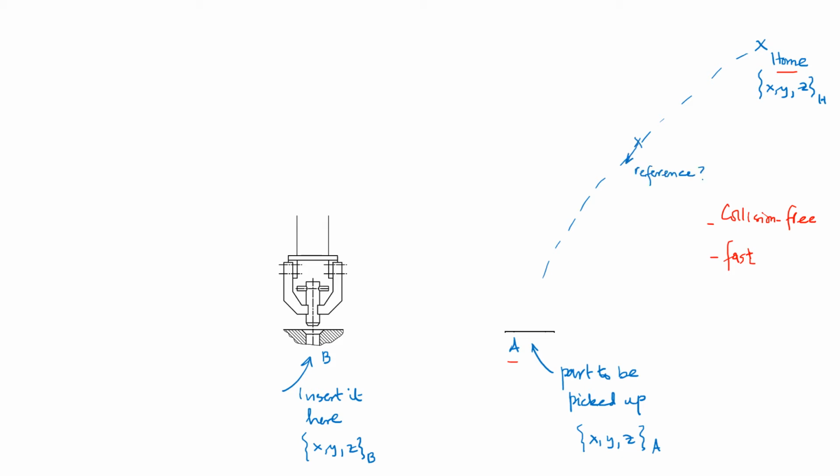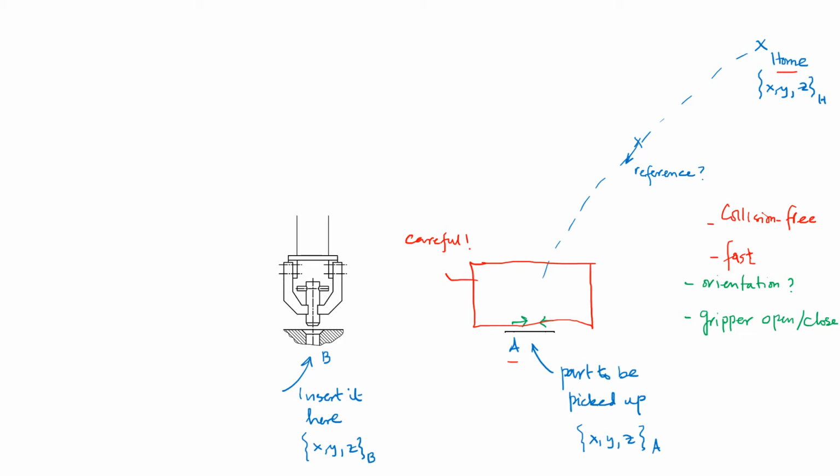This reference signal, by the way, the controller will resolve into joint space reference signals, but that is another story. But once in the proximity of point location A, the robot has to perform this activity in a very careful fashion so that the orientation of the wrist and the gripper arrangement, whether it is opened or closed, is properly taken care of.